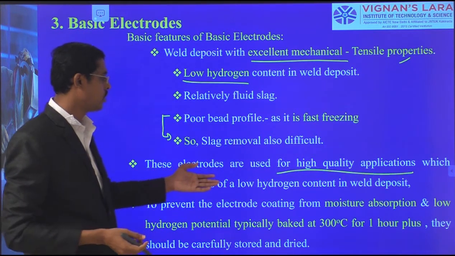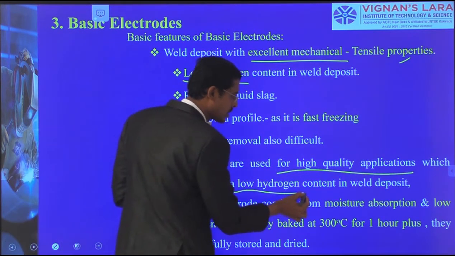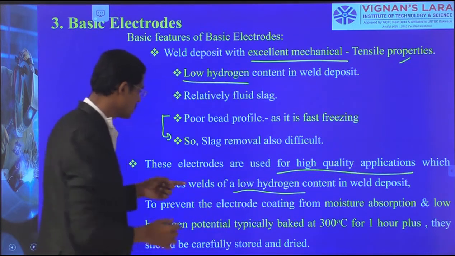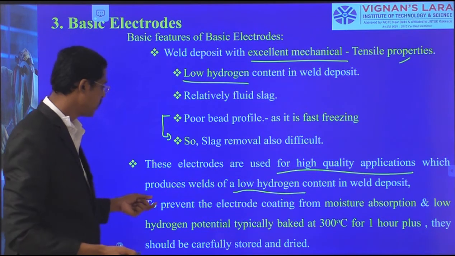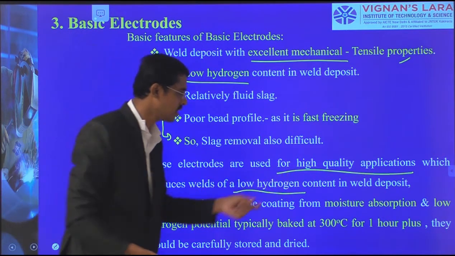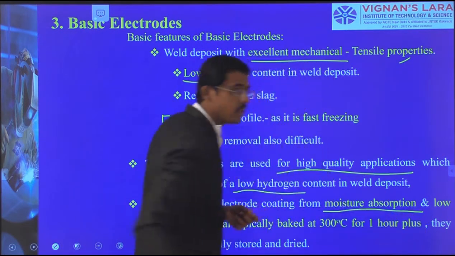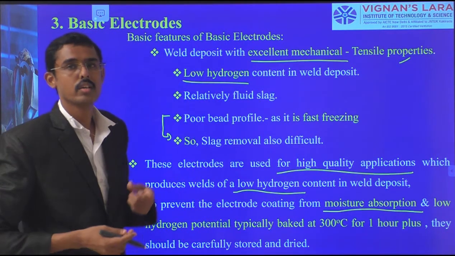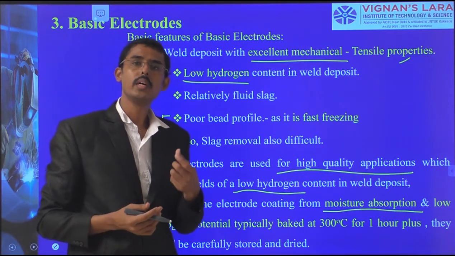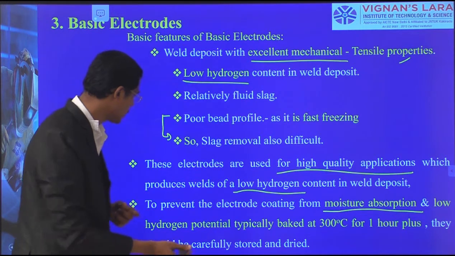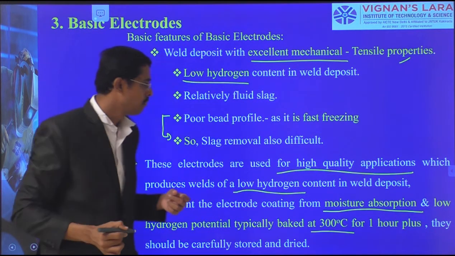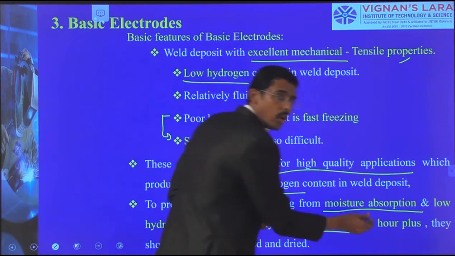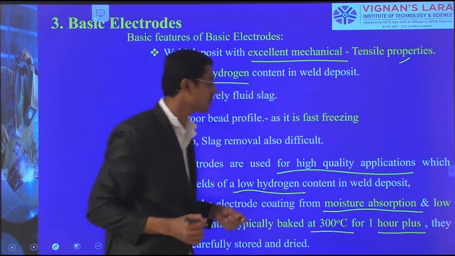So they produce a weld with low hydrogen. Here also it is continuing, which produces welds of low hydrogen content. Therefore strength increases. It prevents the electrode coating from moisture absorption. So what we have to do to avoid the moisture, we use ovens. Baking up to 300 centigrade is possible for 1 hour.